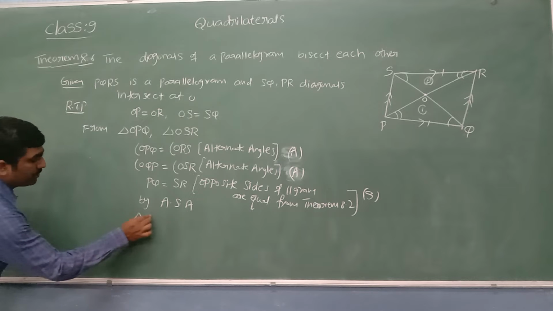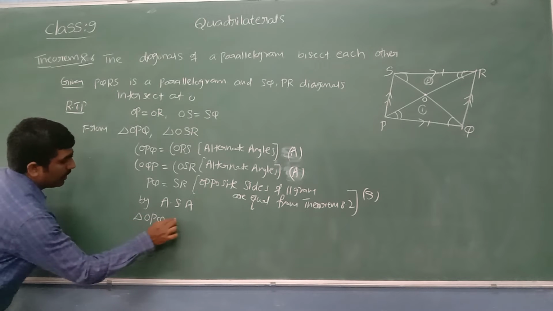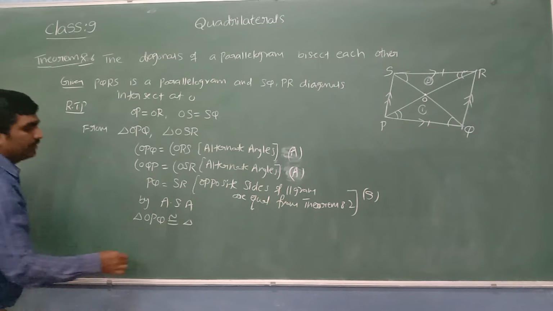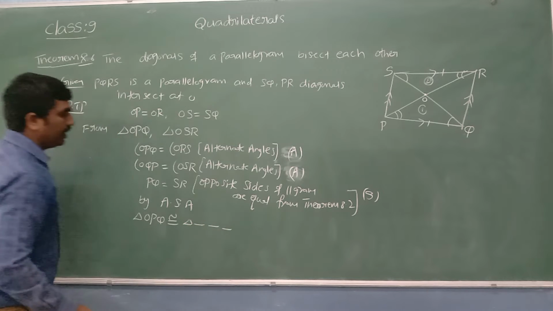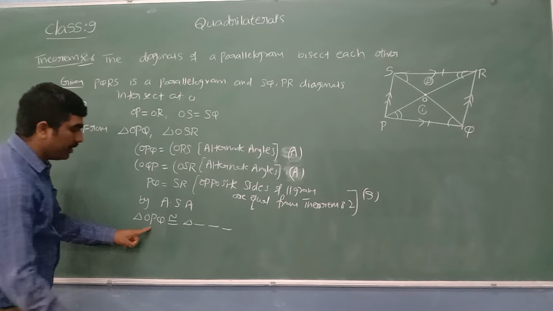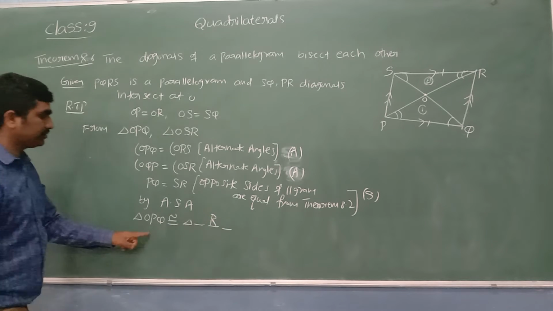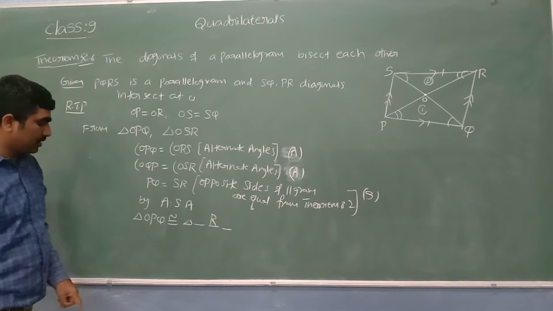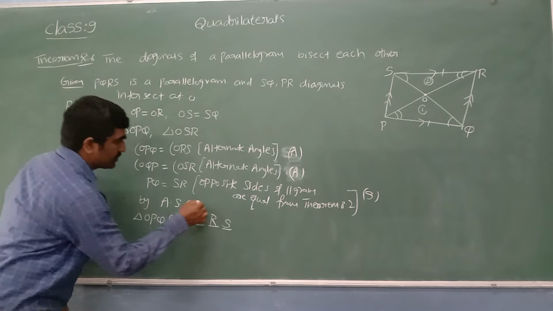Let us write it in symbolic form. Triangle OPQ is congruent to triangle, and equal angles must be in equal places. P is equal to R: P is in the middle, R is also in the middle. Q is equal to S: Q is last, S is also last.